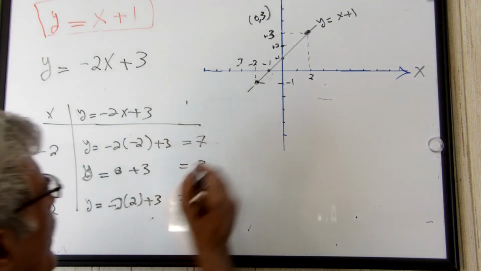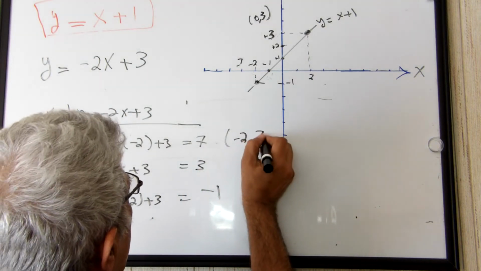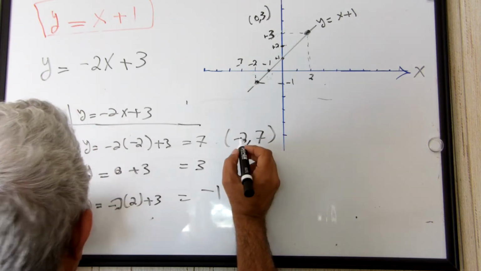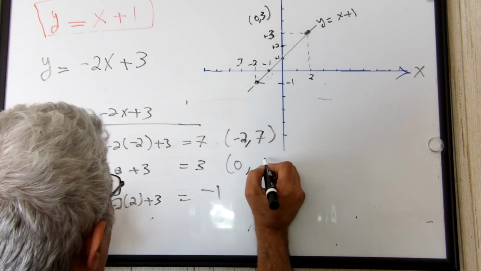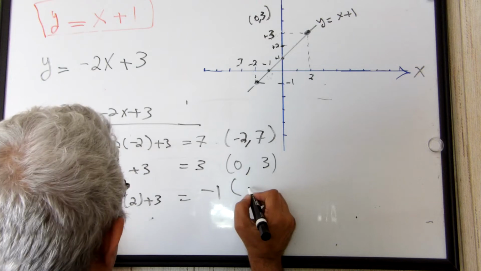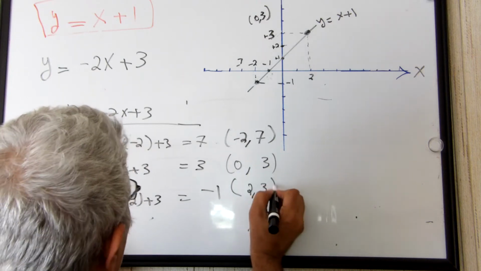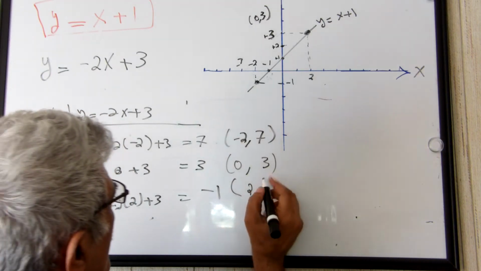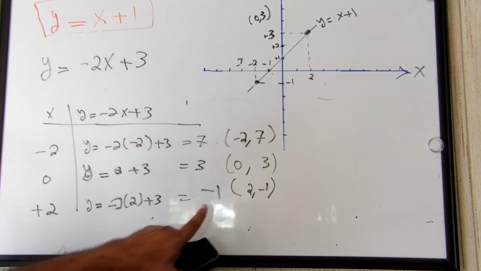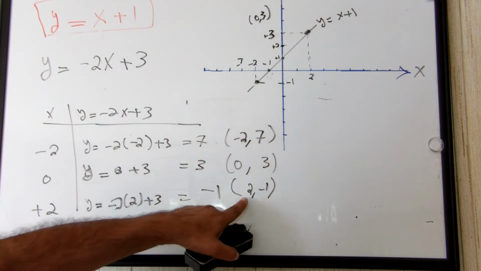So the points are: x is minus 2, y is 7; x is 0, y is 3; and x is 2, y is minus 1.